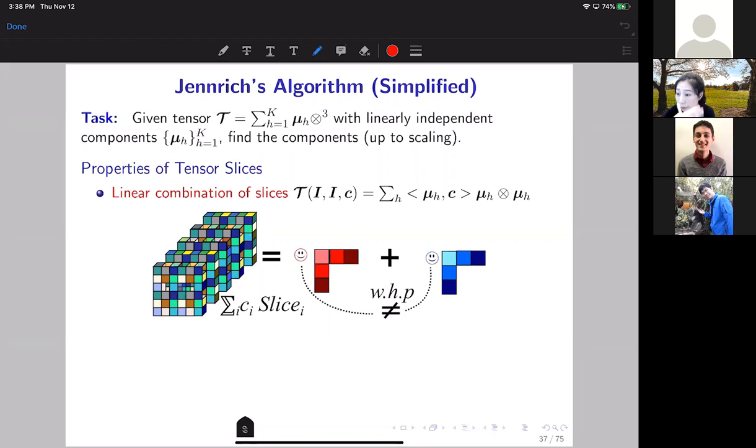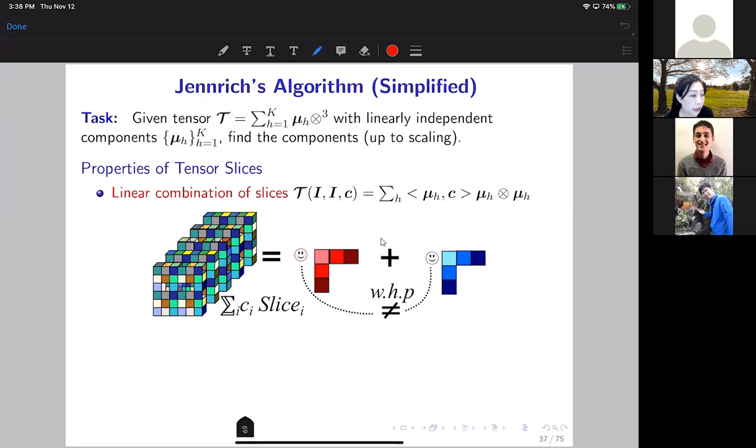Right, so you're looking at the frontal slices, and that's why you have the first and second mode as identity mapping, but the third mode is a vector. Okay, so this is how you're doing frontal slices. Of course, if you choose to do other dimension slices, then it would be I, C, I or C, I, I, right? Okay, so anyway, we get this.